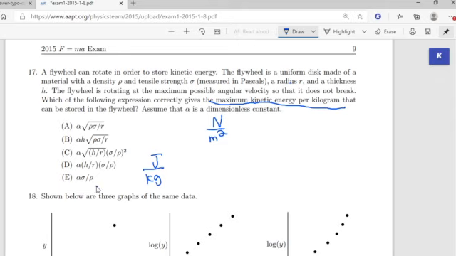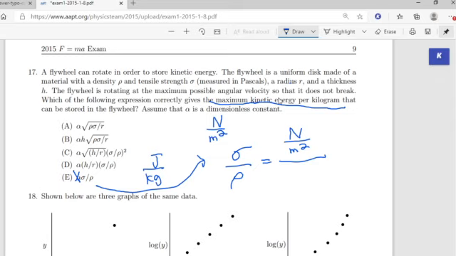And let's try this since I guess it's the easiest. They said that alpha is a dimensionless constant, so let's just ignore that. So that gives us sigma over rho. And sigma is a tensile strength, so pascals is just newtons per meter squared.